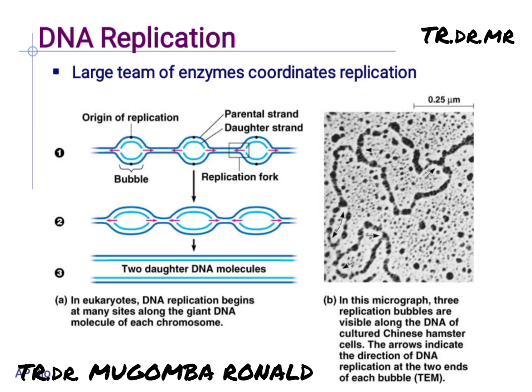So we have many origins of replication when it comes to the eukaryotic DNA. You can see clearly there is an illustration here showing how the replication forks look, and how the replication bubbles or the origin of replication looks under the light microscope.